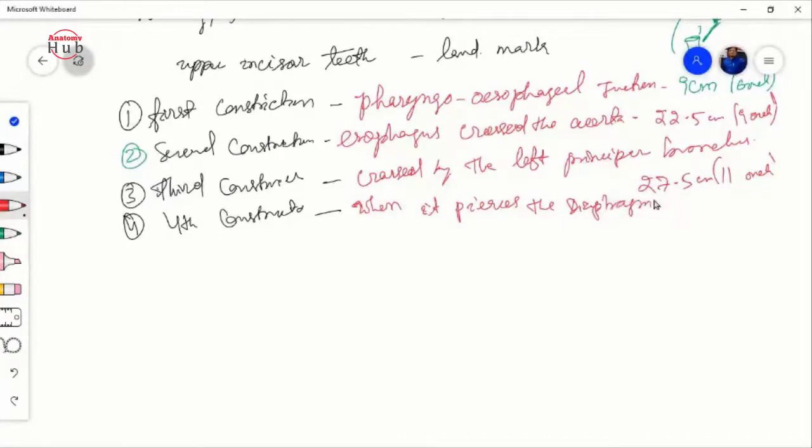Okay, that will be near about 15 inches. Okay, 15 inches means 15 into 2, 30, plus 10, 40 cm.